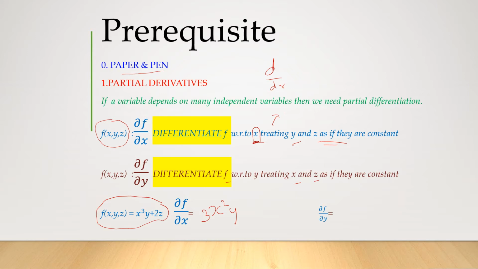Therefore 3x square y. Similarly, dou f by dou y is equal to x cube plus nothing is there, second term also contributes 0. Therefore, dou f by dou y will become x cube. If you want to calculate dou f by dou z, then what it is? Yes, you are right, it is only 2.